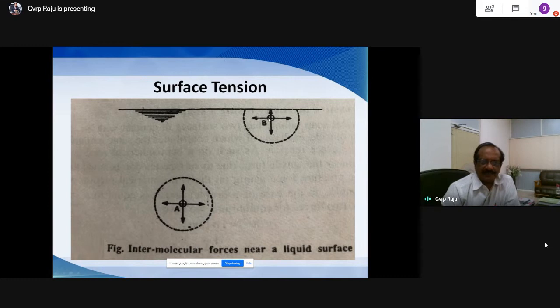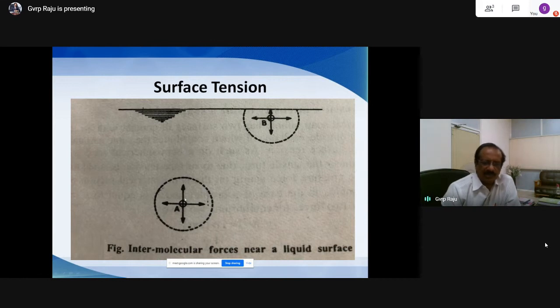As you know, a free liquid surface is a surface exposed to the atmosphere. FLS is the standard convention. This is exposed to atmospheric pressure, and inside this is all fluid.